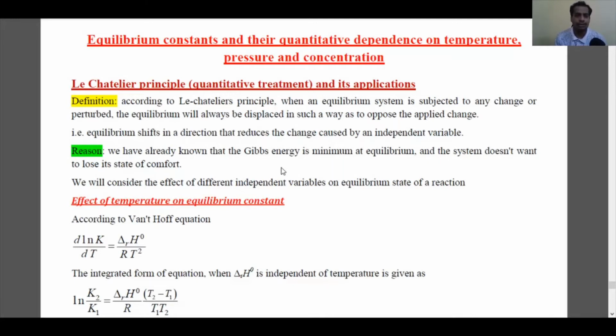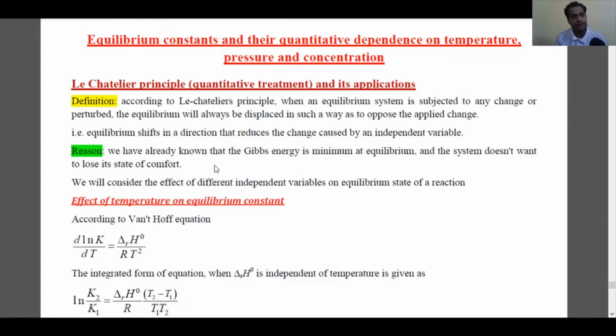So why does that happen? What is the reason behind that? The chemical equilibrium does not want to get disturbed, because at equilibrium the Gibbs energy is already at a state of minimum. We have studied that the change in Gibbs energy is zero at equilibrium, meaning the Gibbs energy is at its minimum value, and the system does not want to lose its state of comfort.